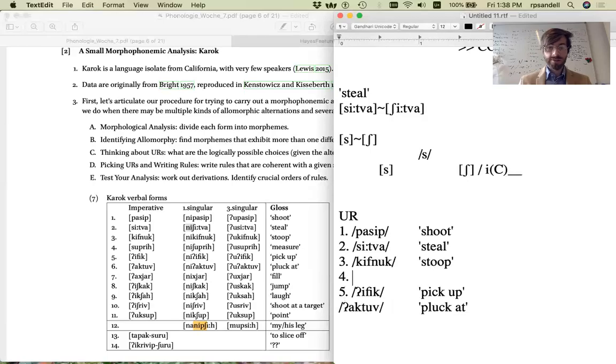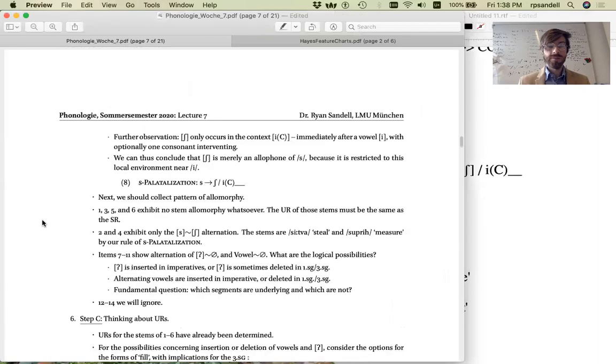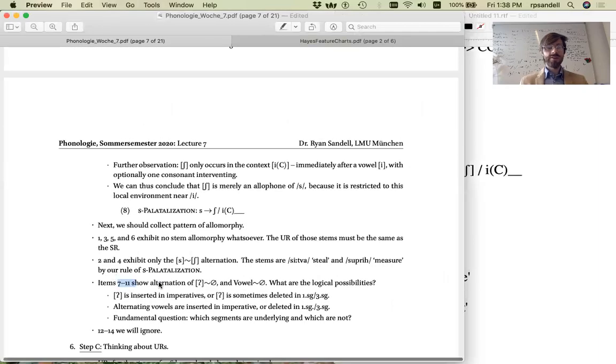So in that case, the underlying form of the stem must be sukri. Okay, so that gives us underlying representations for the first 6 stems. When we come to 7 through 11, things suddenly look a bit more complicated. These stems show alternations of a glottal stop with nothing and a vowel and nothing.